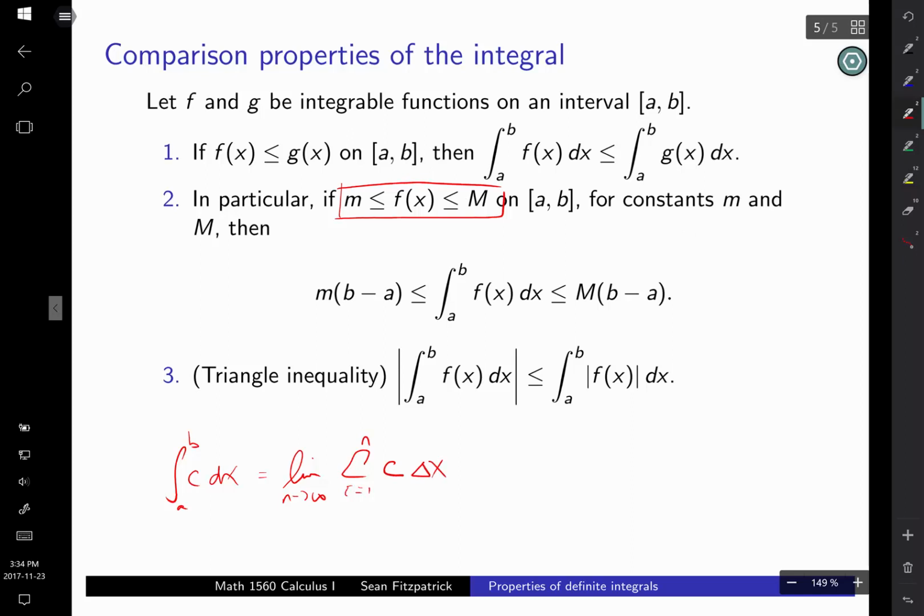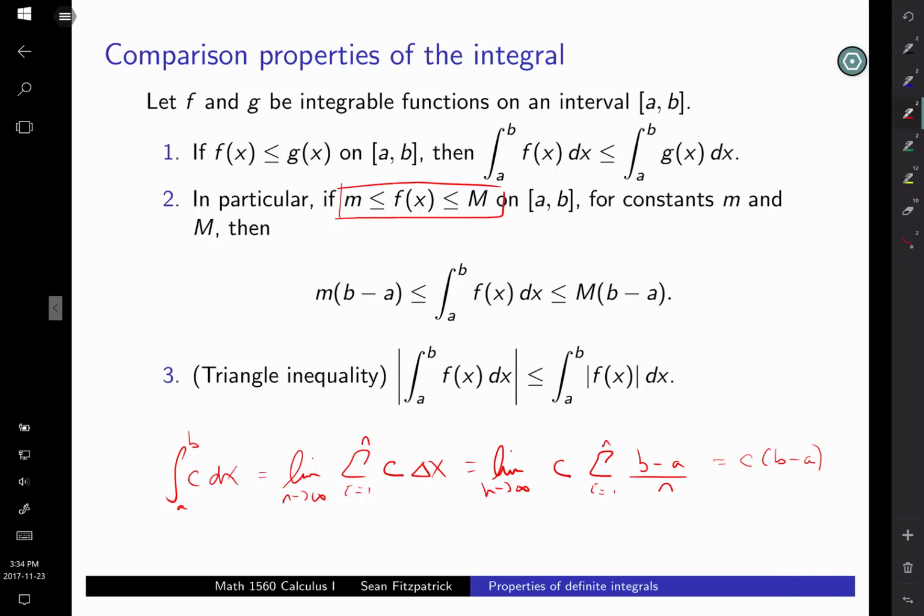Oh, well, what is that? That's the limit as n goes to infinity of a constant. Pull the constant out of the sum. What's delta x? Delta x is simply (b minus a) over n. What do you get? You just get the constant times (b minus a), because if you add (b minus a) over n to itself n times, you simply get b minus a.